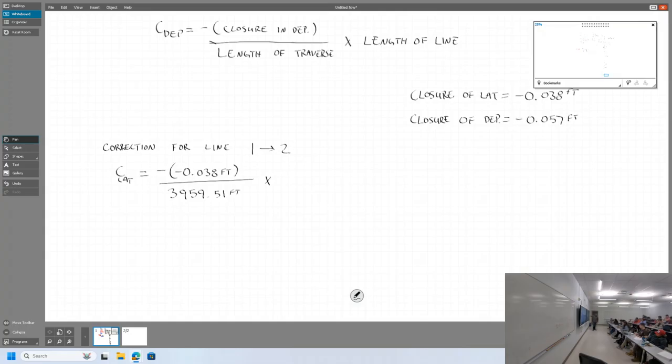Right there, the slope distance, I should say, 1,024.78. We get, on the latitude, 0.01.